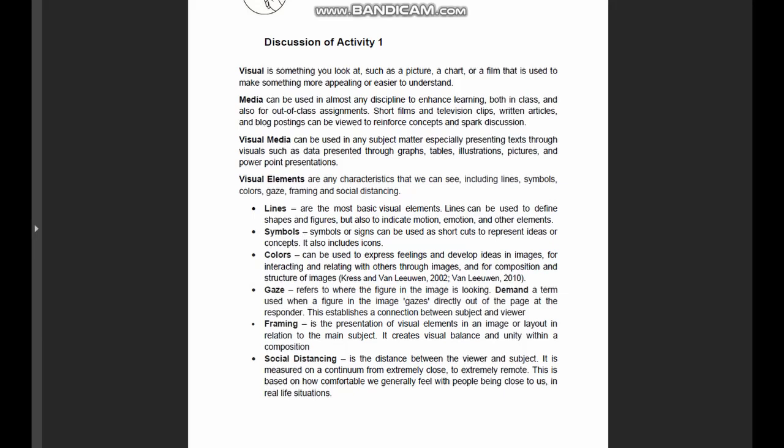Next, we have gaze. When we say gaze, the image is looking. Next, framing. Framing is an image in a layout related to the main subject. And last, social distancing is the distance between the viewer and the subject.